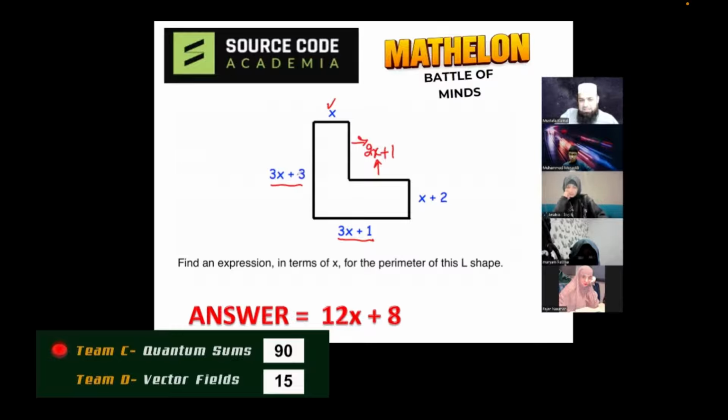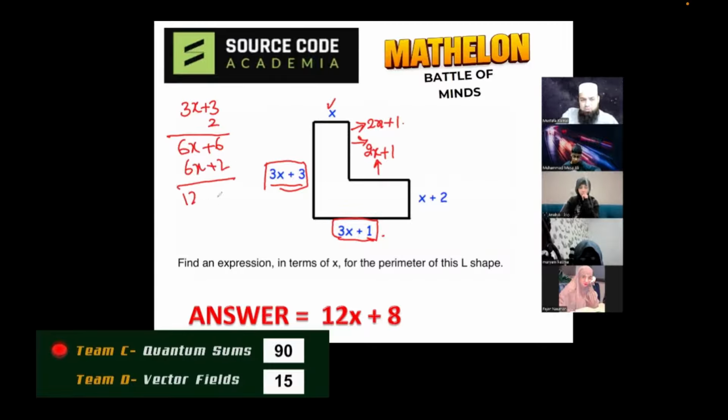Similarly, from 3x plus 3, if we remove x plus 1, that part will be equal to 2x plus 1. So it's actually 2 times (3x plus 3) plus 2 times (3x plus 1), which is 6x plus 6 plus 6x plus 2, which would be 12x plus 8, right?